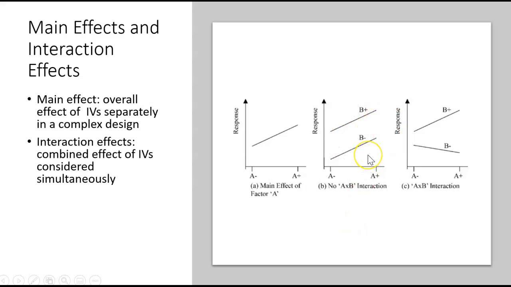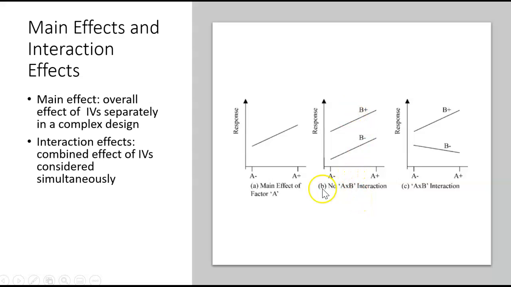So if B represents whether or not there are public service announcements, do I see a difference in the way the two program types are responded to depending on the presence or absence of public service announcements, for example? And this image shows you a couple of different possible patterns of the way the variables are related.